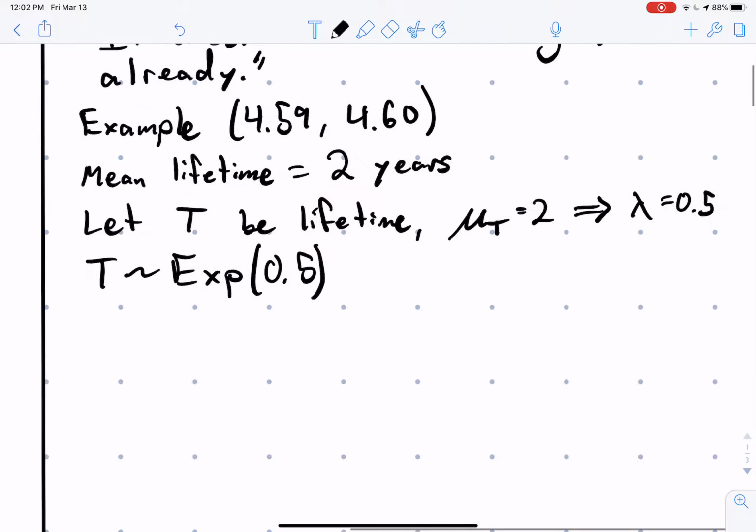The question asks to find the probability that the circuit lasts longer than 3 years. So the probability that T is greater than 3 years.